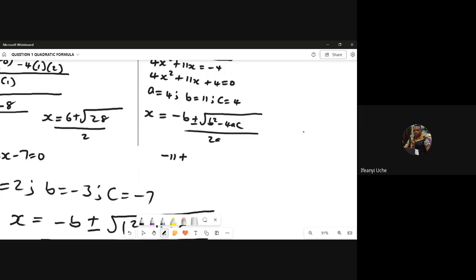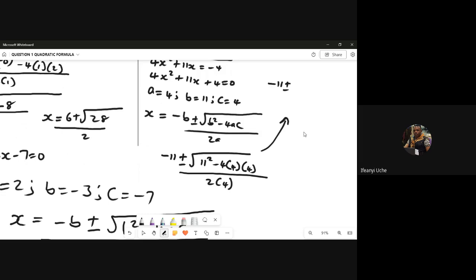So we have plus minus the square root of 11 squared minus 4, what do we have for a? We have 4. Can you see it helps us to substitute correctly? Then all over 2 times 4. Take it one step at a time to avoid mistakes, like I keep saying, though if you can put everything in the calculator, that's still fine.